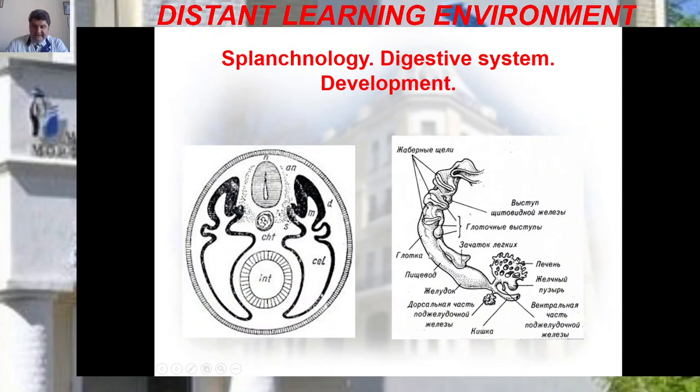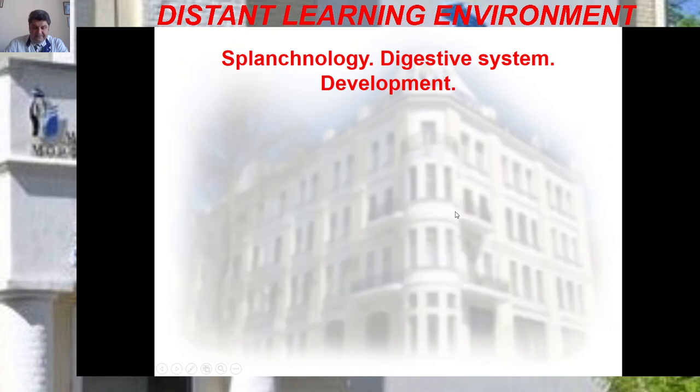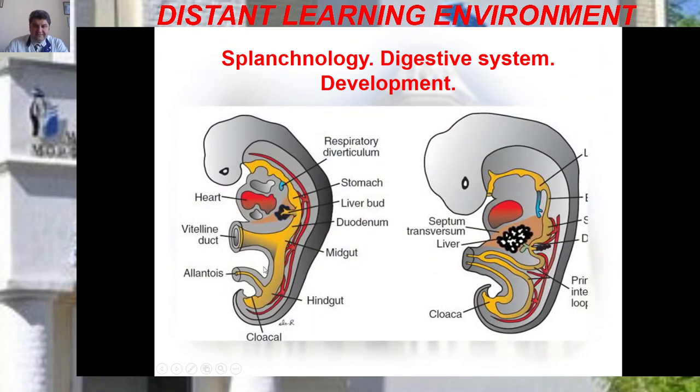You may see this part of foregut here. Next, the middle part or midgut, communicating with yolk sac and developing into small intestine, and posterior or hindgut, from which the large intestine develops.